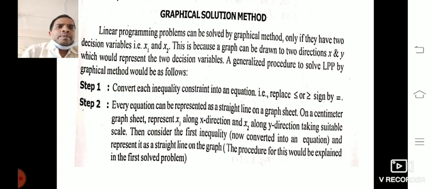Here the graphical method is applicable for only two variables, x1 and x2, so when plotting the graph, we take x1 along the x axis and x2 along the y axis.